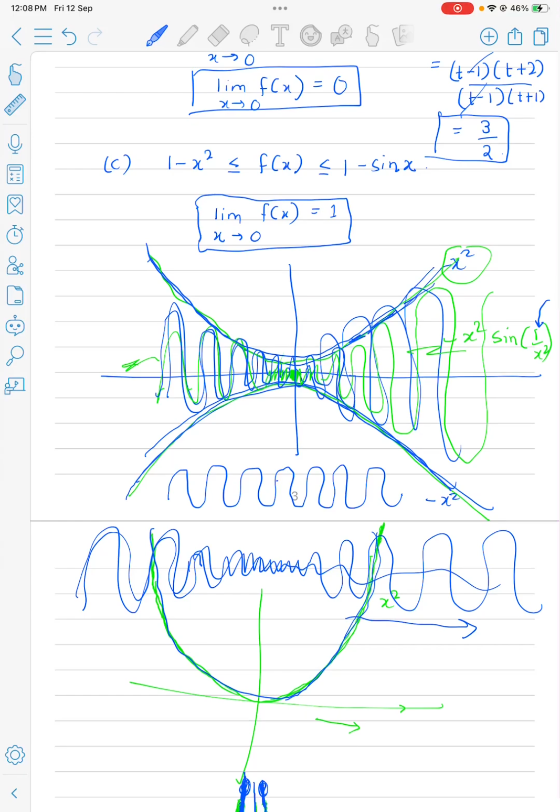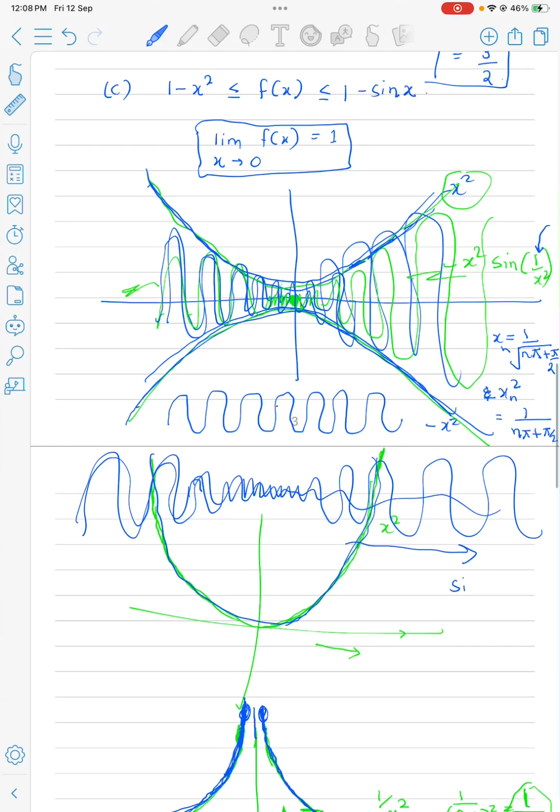Because when you put, let's say, x_n such that x_n square is equal to n pi plus pi by 2, then 1 by x_n square becomes 1 by (n pi plus pi by 2), and then sine of that gives sine of n pi plus pi by 2.